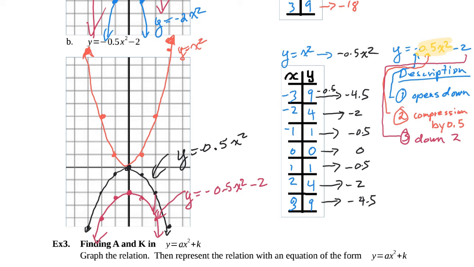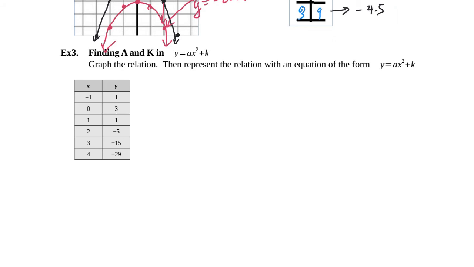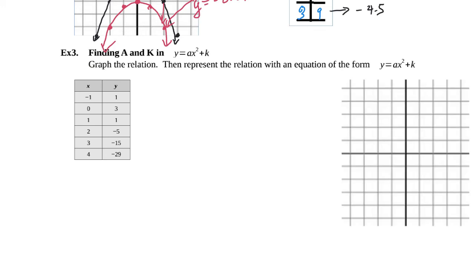Okay, we're almost done here. Just 2 more sections. All right, so here is a possible graph that we need to do. So for this graph, all we have to do is graph the relation and then find our equation for our graph by using this y is equal to ax squared plus k form.